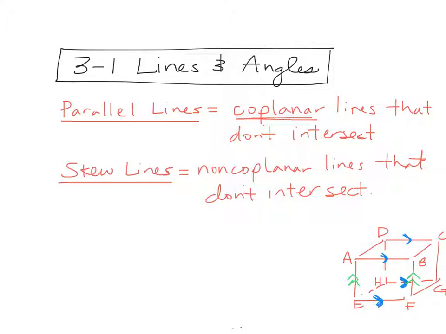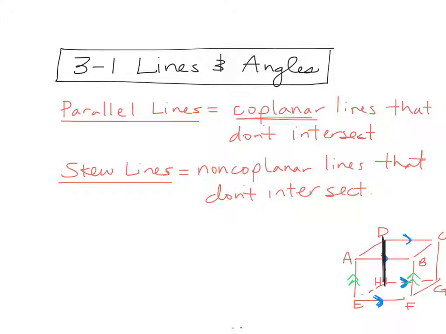Okay, so for these ones, it would be something like, let's see, DH back here. Okay, so that's the back edge of our box. We're looking for a line that's not going to intersect that, but also is not parallel to it. Can't be in the same plane. Do you see a line that would work?